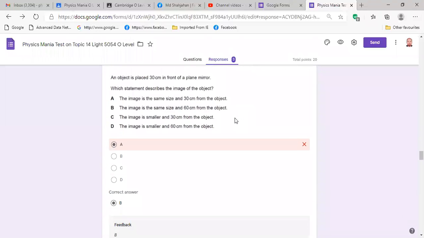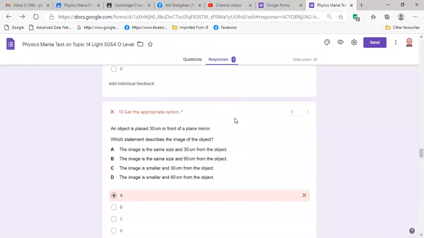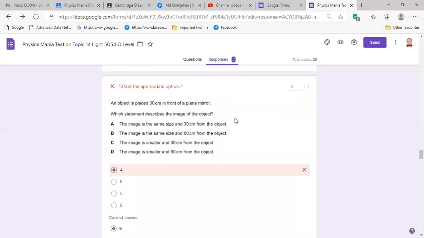The next, so it's about 30 centimeter in front of a plane mirror.